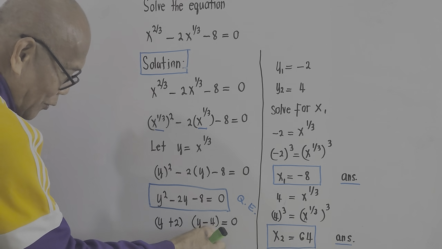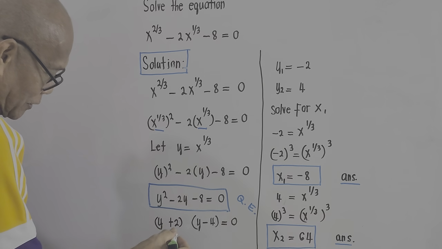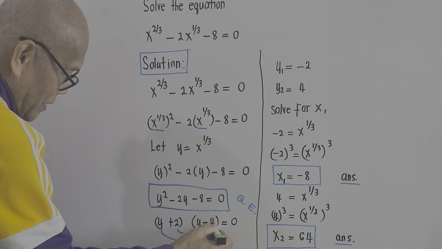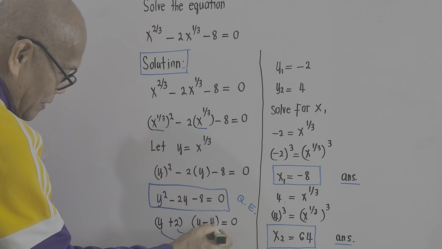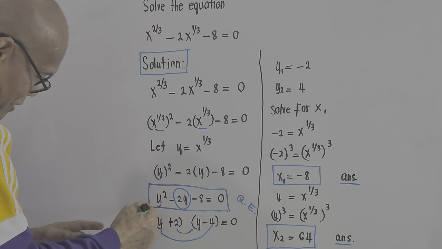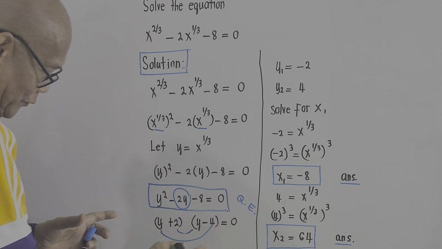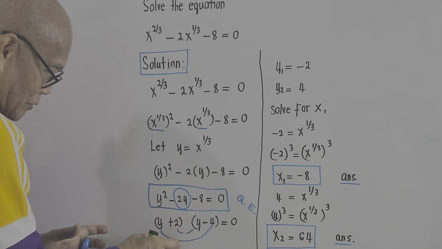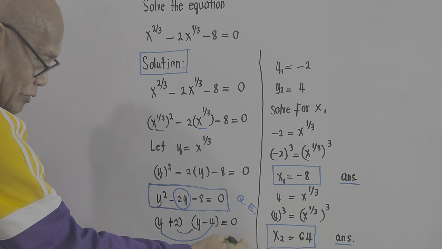If we check the middle term, it will be 2y minus 4y. The resulting middle term will be negative 2y. So the possible linear factors of this resulting quadratic equation will be the binomials y plus 2 times y minus 4 equal to 0. Okay, equating each factor to 0.